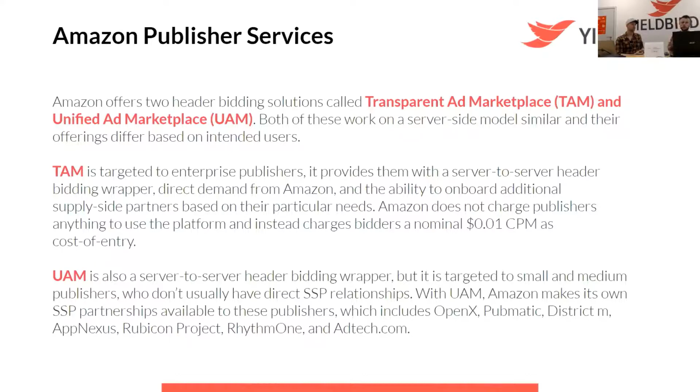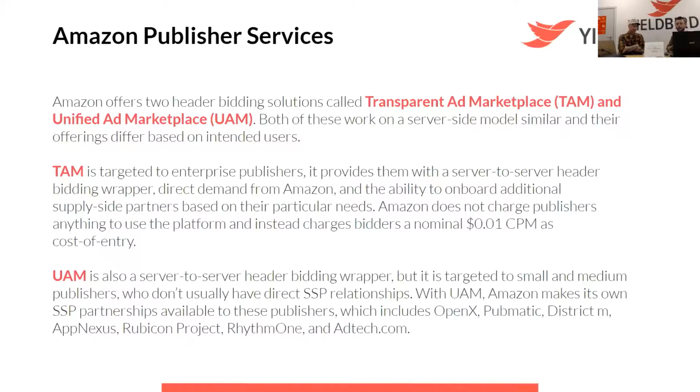This is a solution where they require you to have your own accounts, to add those accounts and manage them, and you're paid by SSPs. They charge you a small fee per CPM, so per each impression that you run through TAM. But you also have UAM, very popular among small and medium publishers.